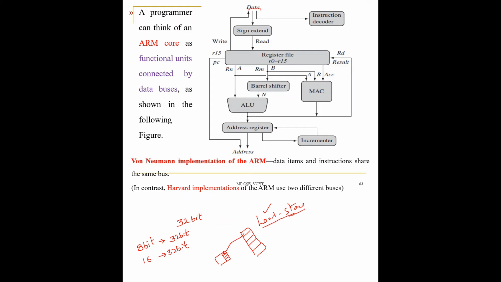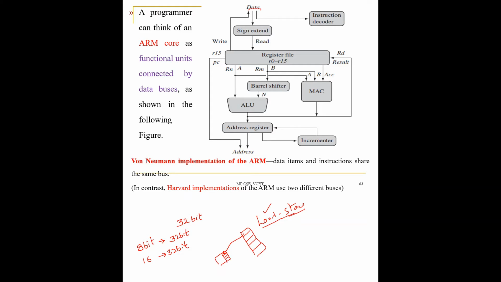You need to understand that the manipulation of the data is happening in the registers. It doesn't happen in the memory, it happens in the registers of the processor. So load is all about moving the data from the memory to the registers.